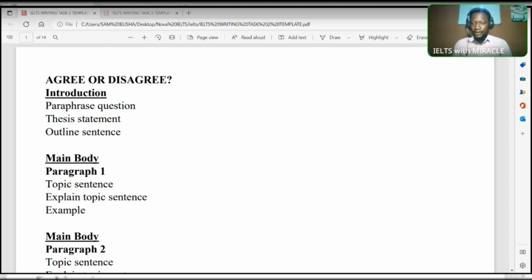If you're coming from that angle, you are talking more and dwelling more on the advantages. Is that okay? Has your question been answered? Yeah. All right.